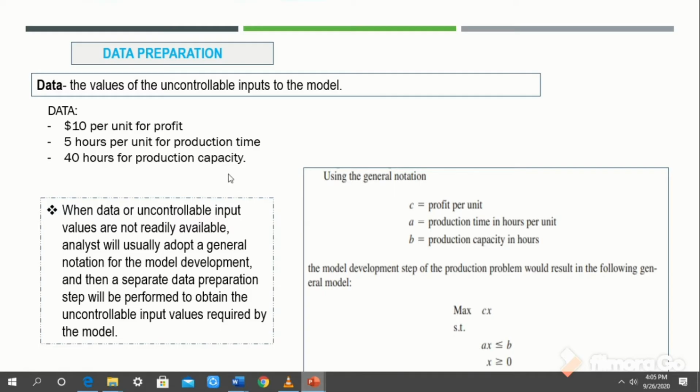So, for example, sagad sa mga mathematical model situations, the data for the uncontrollable inputs are not available.